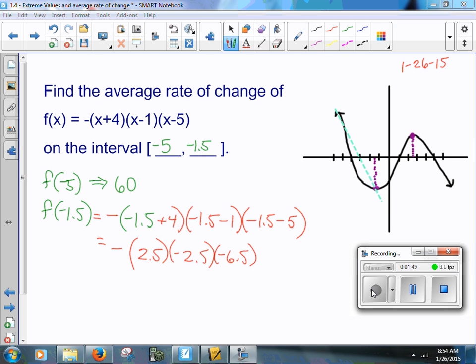Okay. What is 2.5 times 2.5 times 6.5? Somebody get your calculator out for me quickly. I don't want to do this in my head.